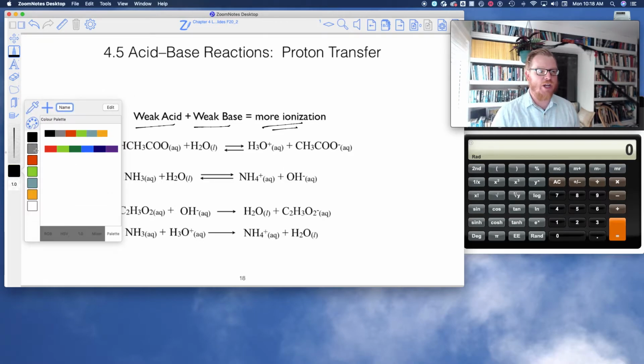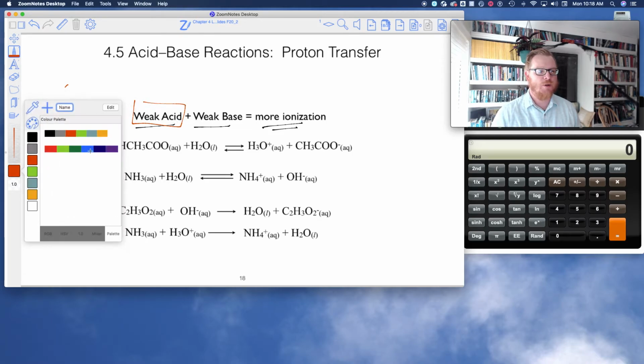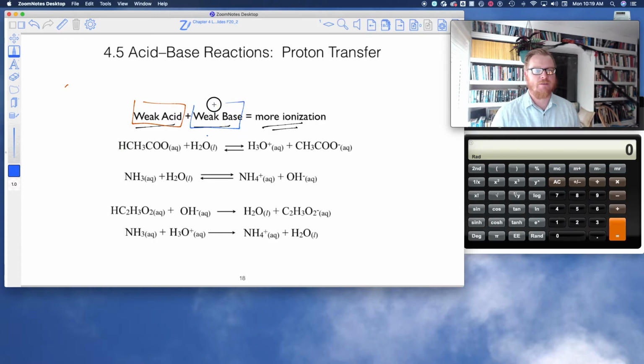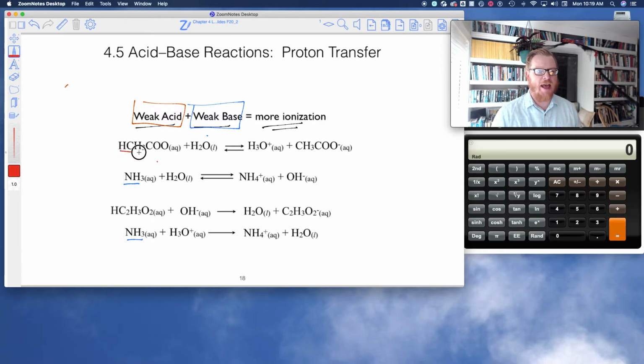I'm going to use red for acids and blue for bases, and I'm going to highlight all my bases and all my acids so we can keep track. Now let's see what happens here.